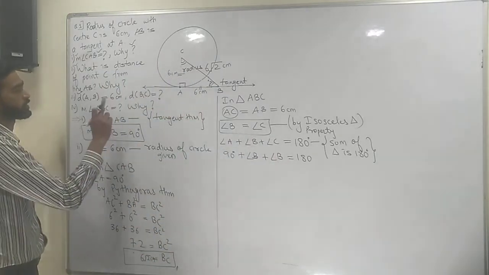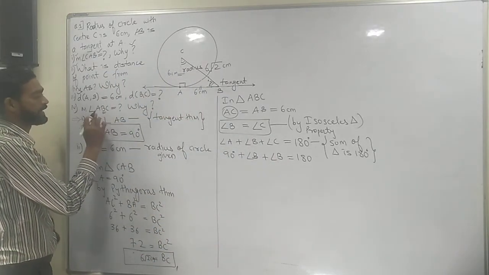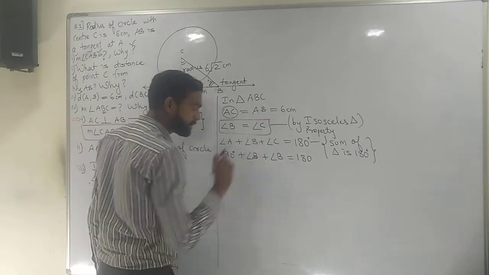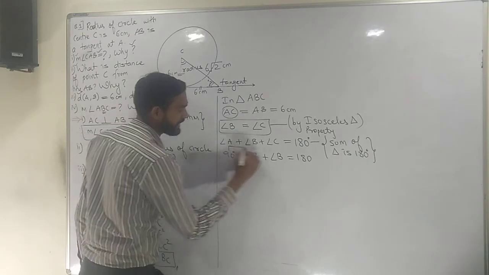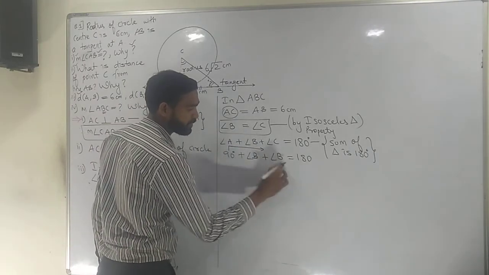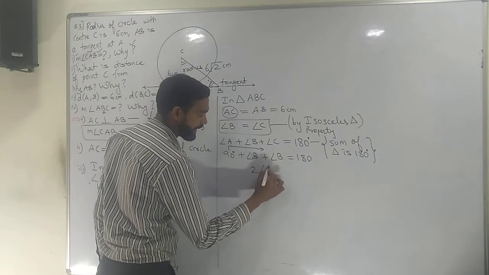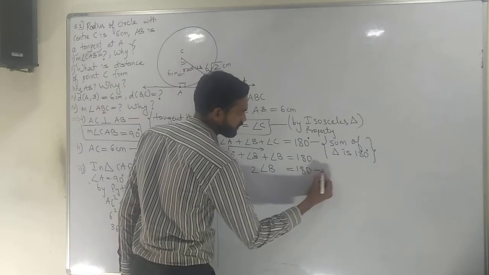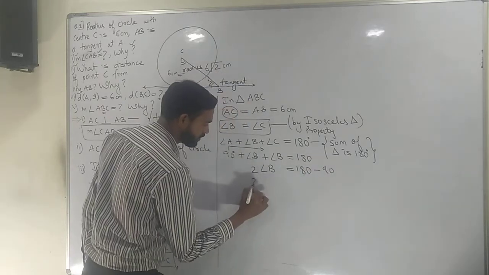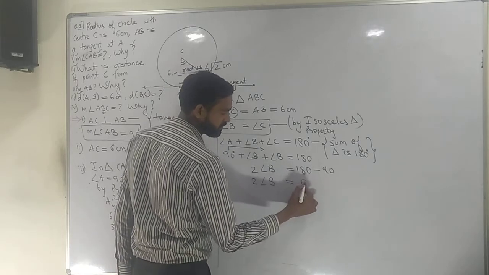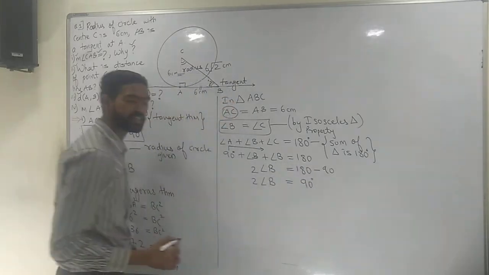Why? Because in my question, look here, what do I need to find? I need to find the measure of angle B. So I will turn everything into B. Now 90 as it is, I'll move this 90 to that side. One angle B, one angle B, how much? Angle B plus angle B is 2 angle B. Now 180 minus 90, so 2 angle B is equal to 180 minus 90, which is 90 degrees.